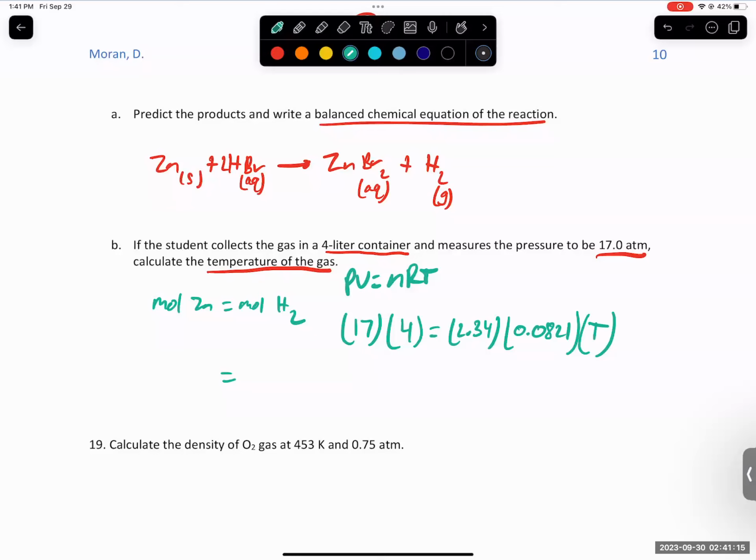I don't think that's right. Well, it is Kelvin though, so that makes sense actually. Somewhere around 365. What's 365.54?